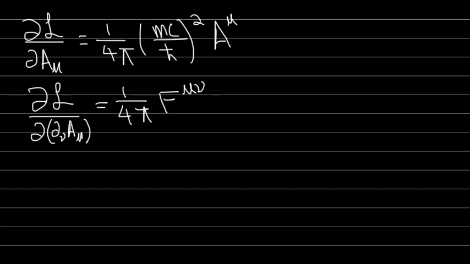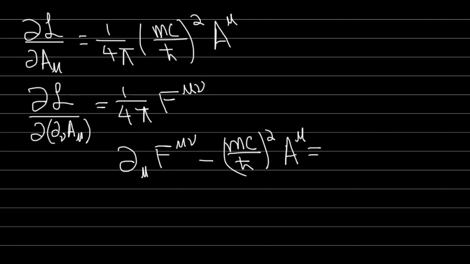So if you do that, then you put all of this back in your Euler-Lagrange equation. You get partial mu f mu nu minus the constants that are mc over h bar squared times A nu is equal to 0, right?